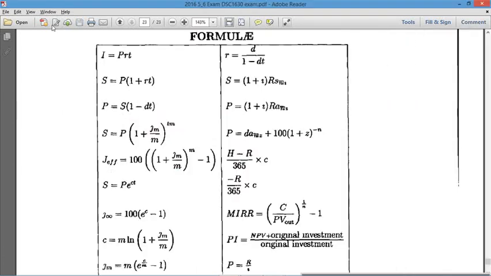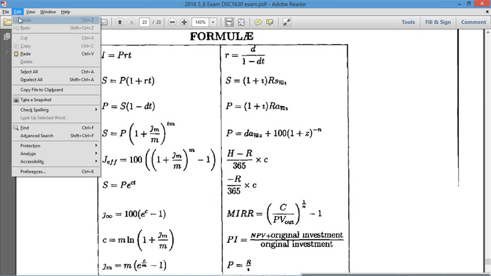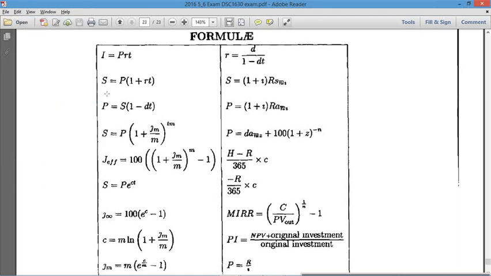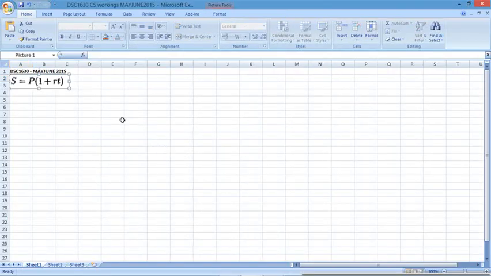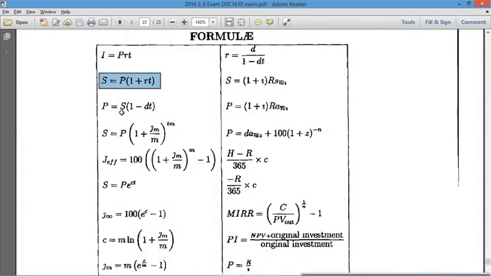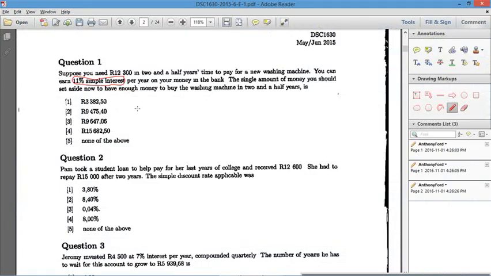So I'm going to go to the formula sheet and look for the correct equation which utilizes simple interest. There's the equation for simple interest. So I'm going to take that equation and use it for this particular question. Future value, present value, R and T. I know that I'm going to be needing 12,300 in 2.5 years' time.